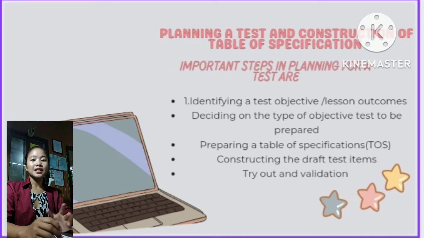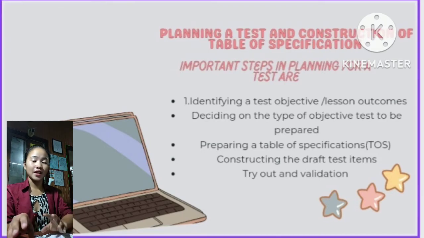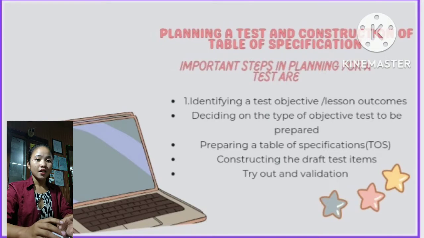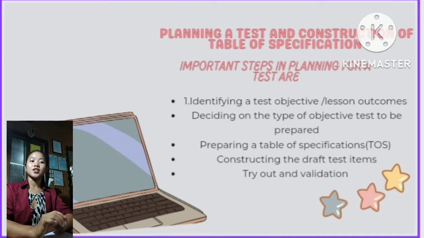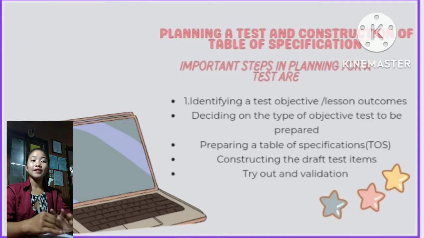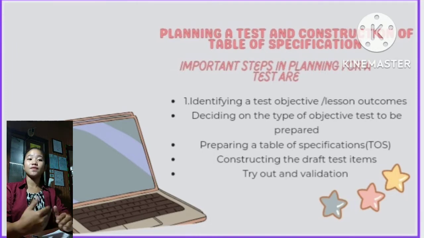Pag sinabi nating objective, ito yung goal or hangarin na pagkatapos ng ganitong test, dapat yung mga bata is ganito na. Dapat the students or the children are capable too. Ganon. Number 2, deciding on the type of objective test to be prepared. Dapat nakapag-desisyon ka na sa type ng objective test na gagawin mo.